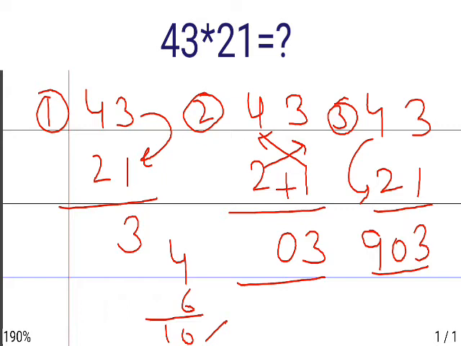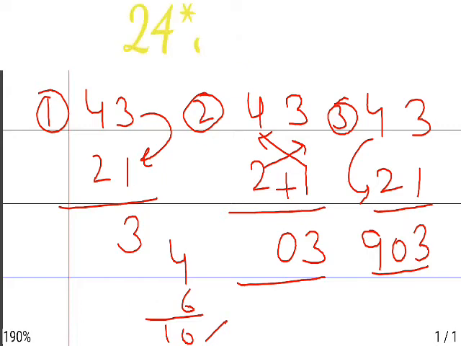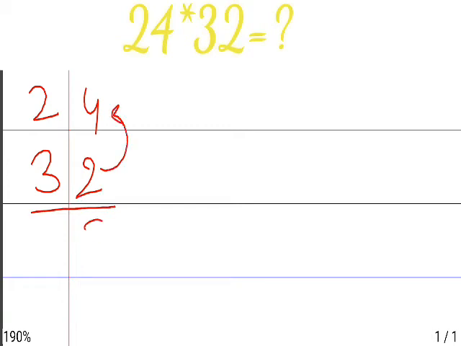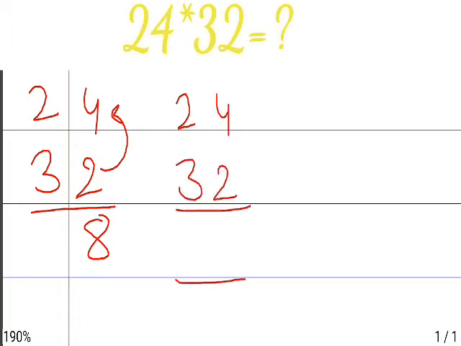Let us take another example so that this multiplication will be very clear. Now just take 24 and 32. For the first step, we multiply the unit digit by the unit digit, that is 4 twos are 8. For the second step, we do the cross multiplication of the numbers, that is 2 multiplied by 2, that is 4.